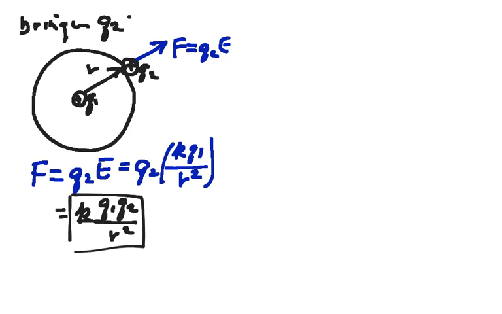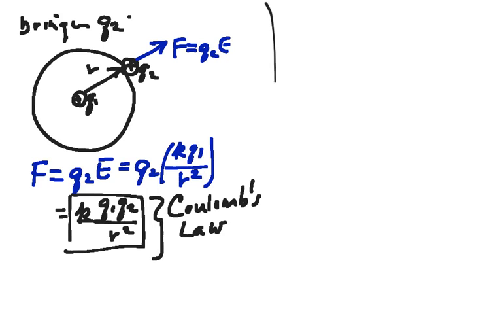This is Coulomb's law. So we started with Gauss's law, and we applied Gauss's law to a Gaussian surface at radius r. Then we brought in a point charge Q2 to that surface, and we were able to derive Coulomb's law, which is the force between two charges. So that is our derivation.